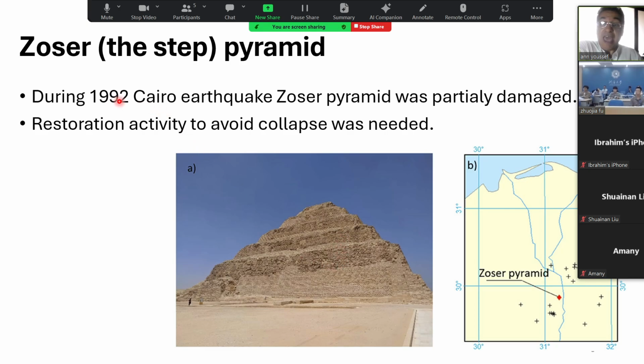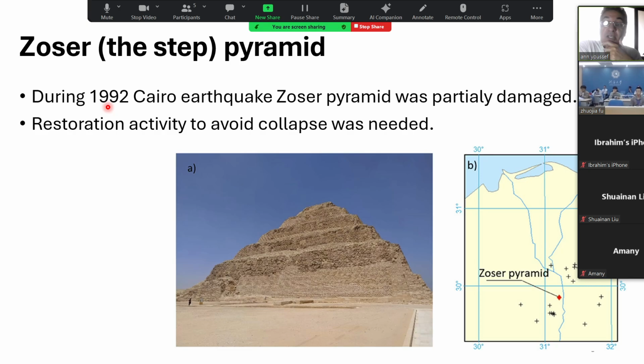And we had a huge earthquake in 1992 in Egypt. It was the 12th of October. We celebrated its anniversary two days ago. If you look at this earthquake, it is repeated every about 80 or 100 years.